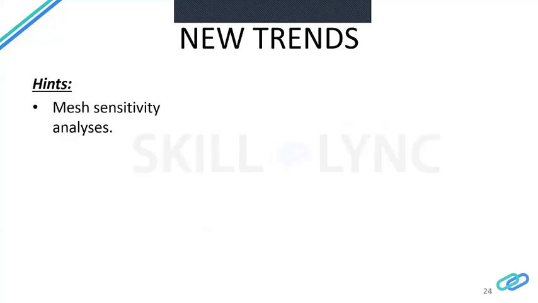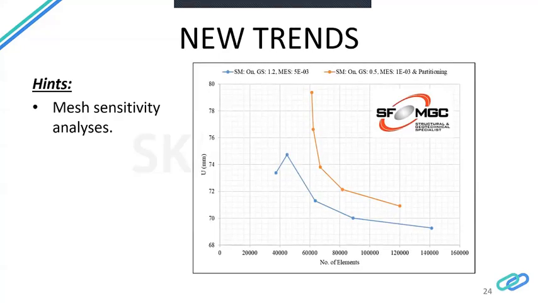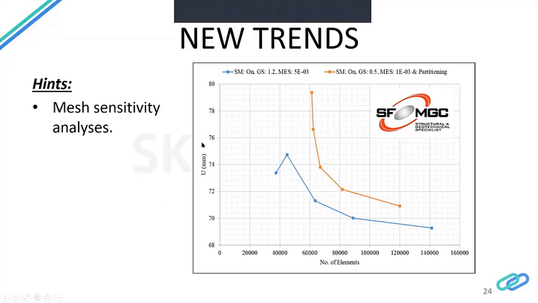We should also know that finite element modeling is mesh sensitive, and the results will depend on the mesh properties. It is always good practice to conduct a mesh sensitivity analysis and to monitor your results. For example, in this chart, I'm focusing on the vertical deformation, or settlement, in millimeters, and I'm correlating it with the number of elements.